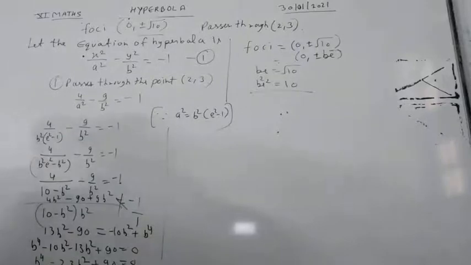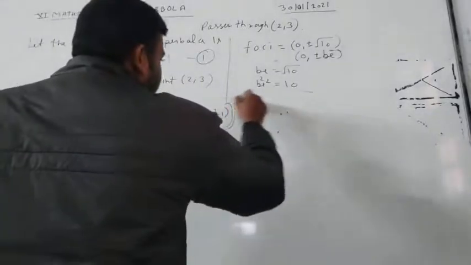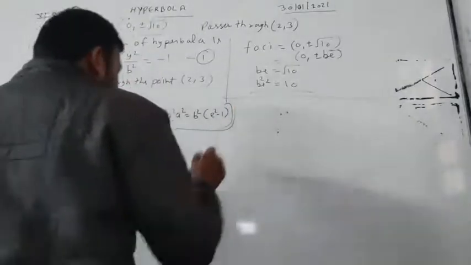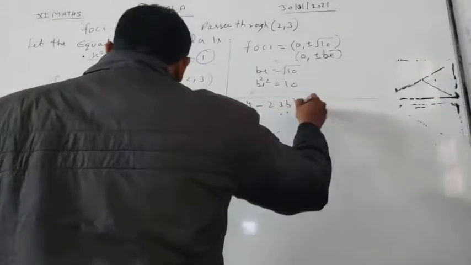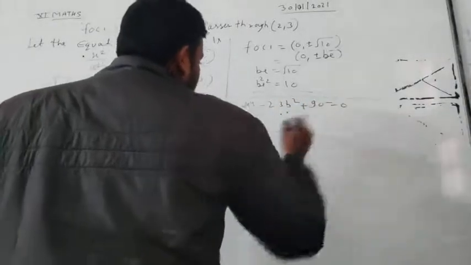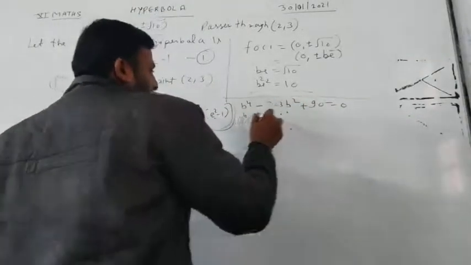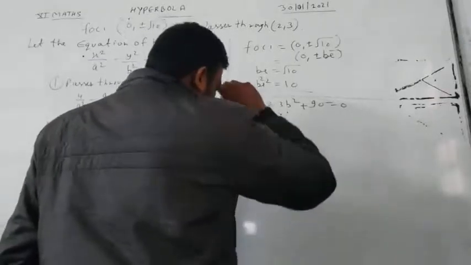Okay, students, so from here we are getting b to the power 4 minus 23b square plus 90 is equal to 0. So b to the power 4 minus 18b square minus 5b square plus 90, we can write, students.